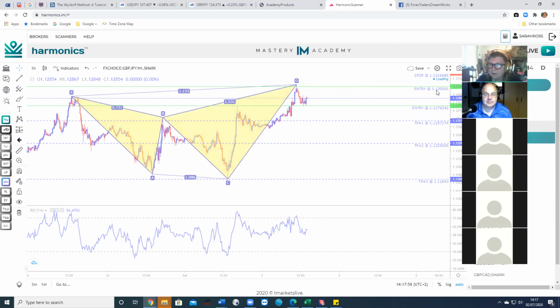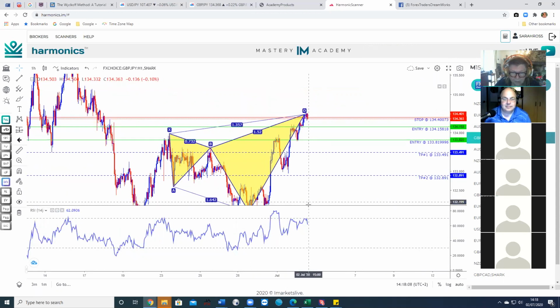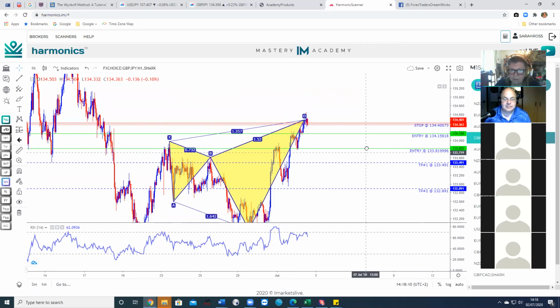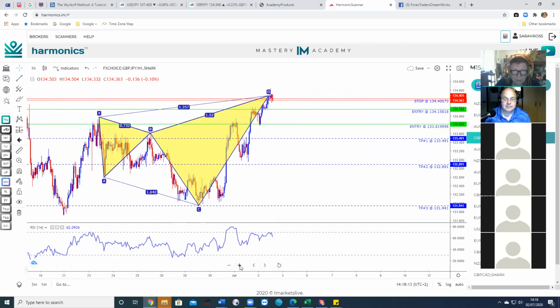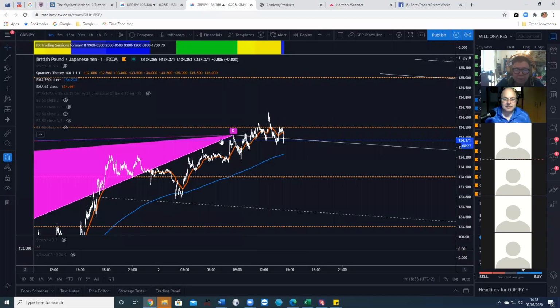So that's it there, and it's wicked up above there, so it's not looking very good on that D point, that GBP JPY one at the moment. We wouldn't be trading it because we would only want to trade it for the sell, and at the moment it's going up, so not ideal, that one at the moment.